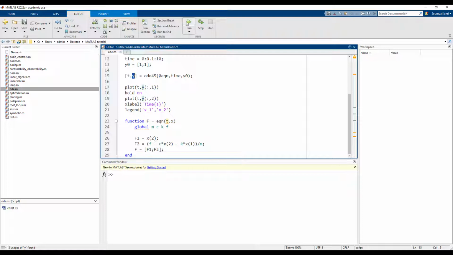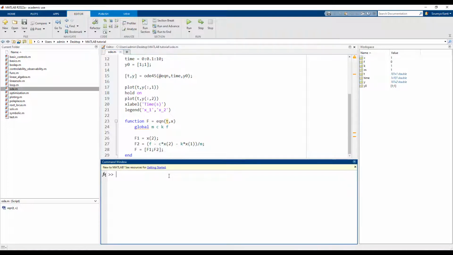Now if I run it and you see what y is, y will be in two columns. The left column is all the values for x, and the right one is all the values for x dot, and these correspond to t.